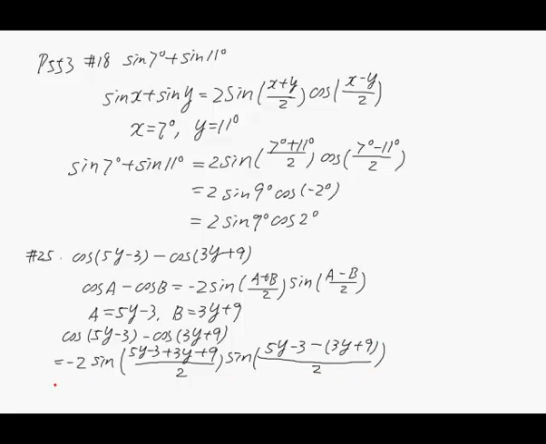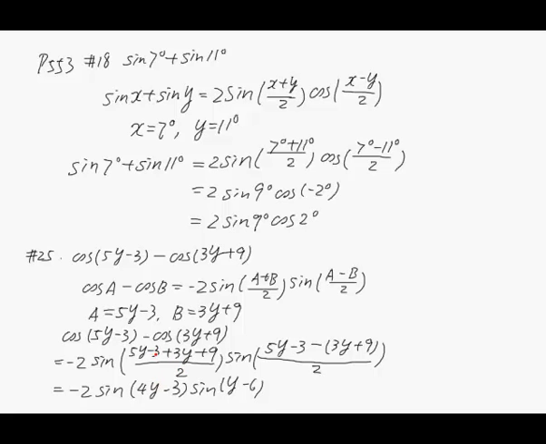Now you simplify. 5y plus 3y you have 8y, 8y divided by 2 you have 4y.